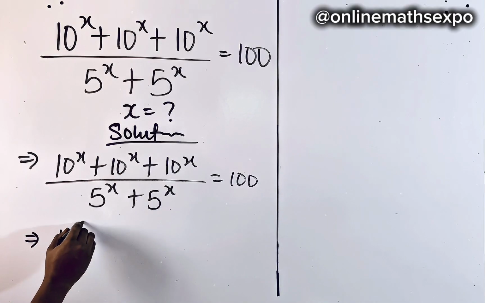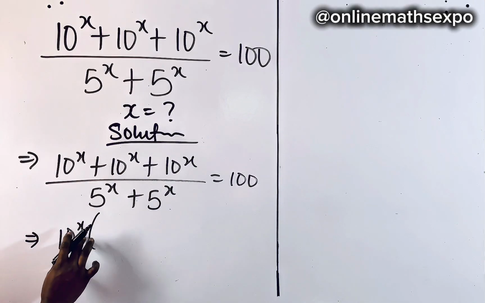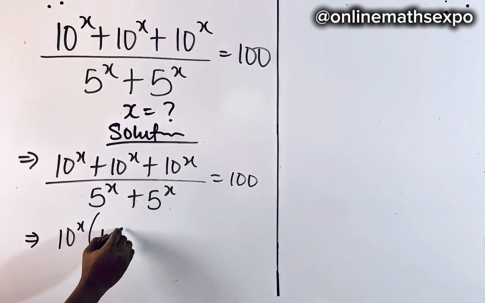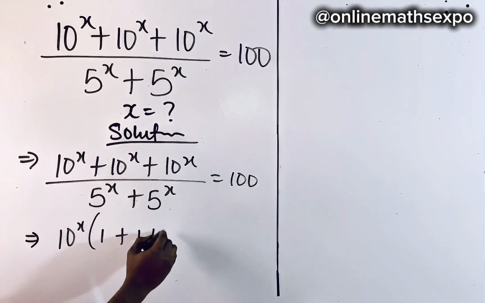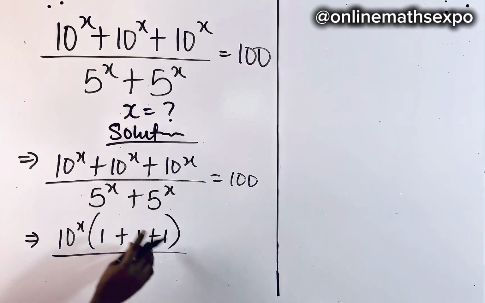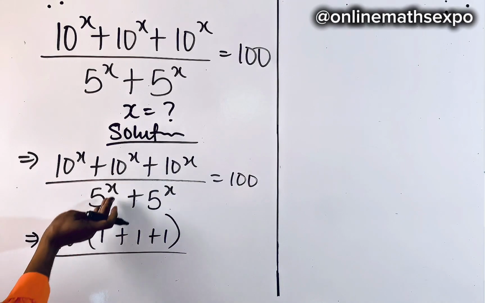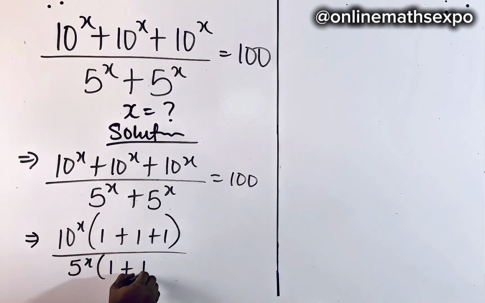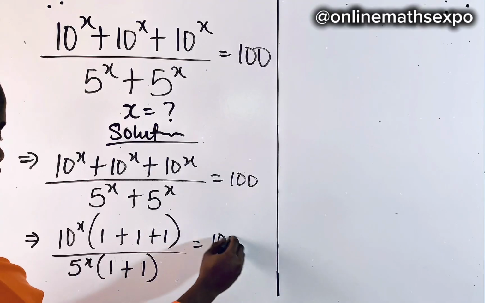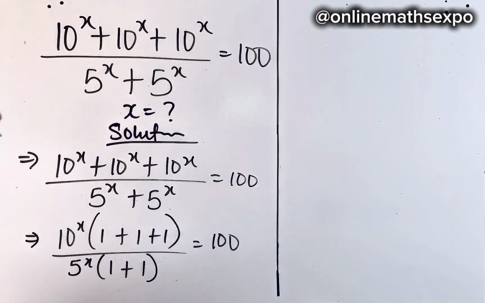You have 10 to the x power, open a bracket, use it to divide itself, it gives you 1, is divided by, this is also like this, so factor it out, dividing itself gives 1, and this is equal to 100. We keep solving from here.